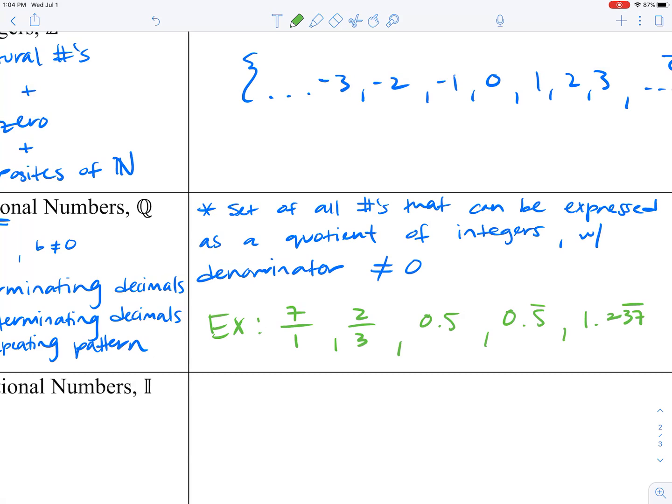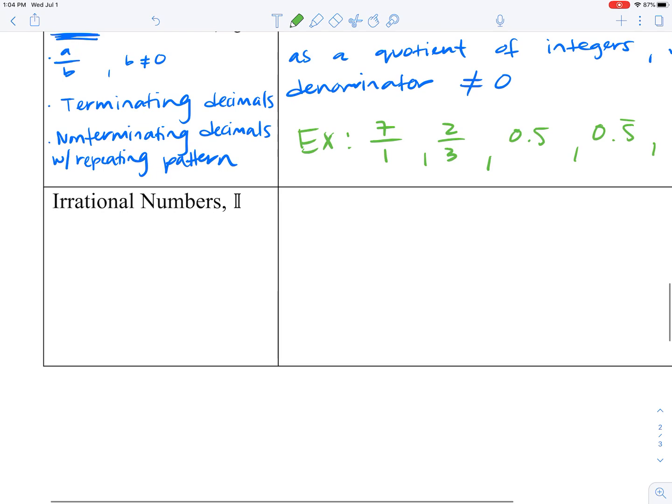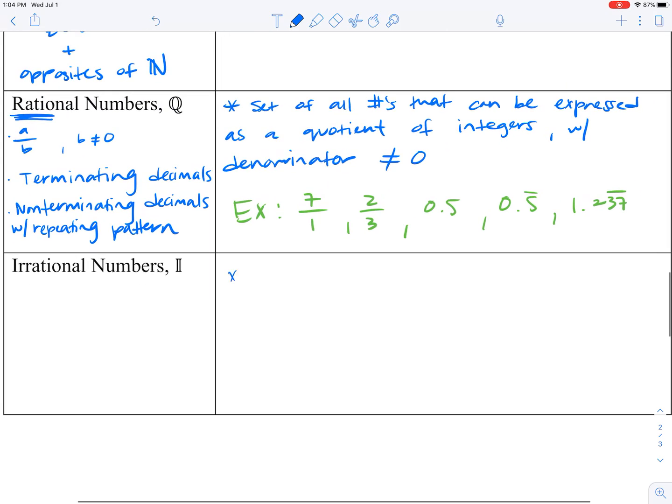The integers, whole numbers, and natural numbers are all subsets of the rational numbers, because all of them are rational numbers. They can be written in the form of a over b.